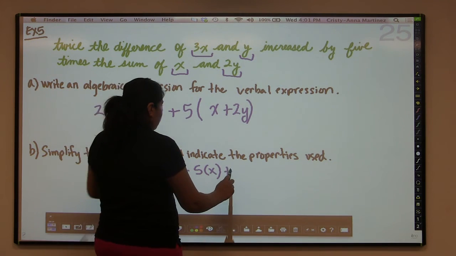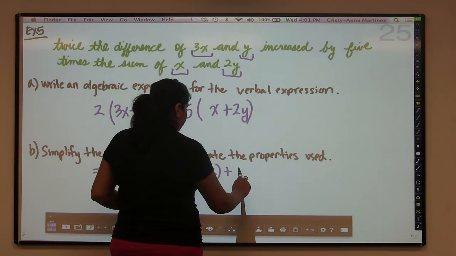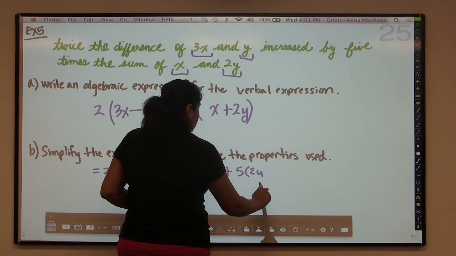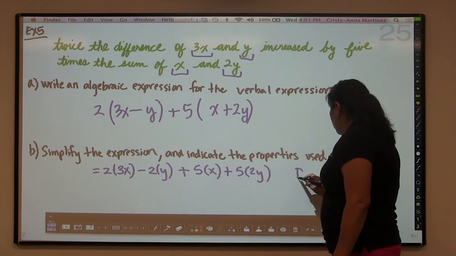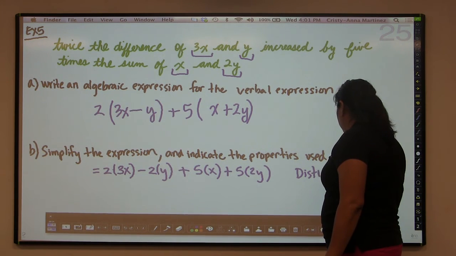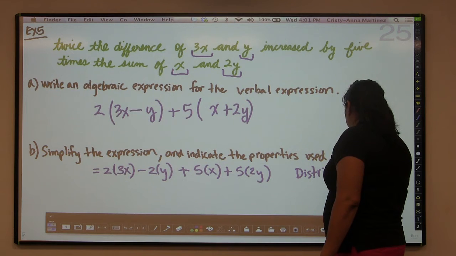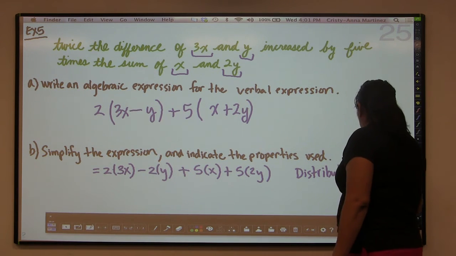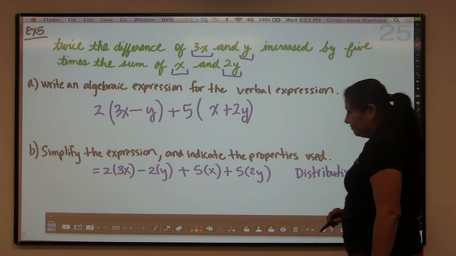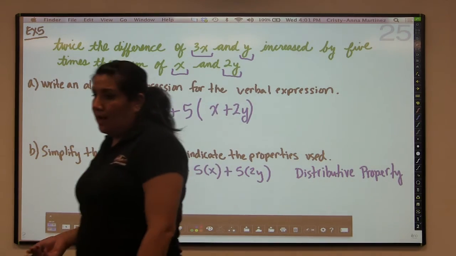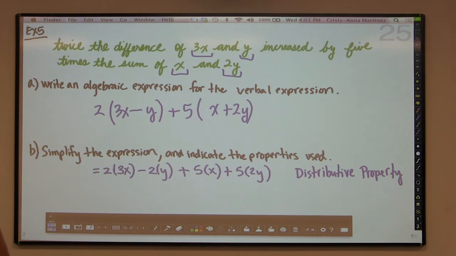And then we have another plus, and then it's going to be 5 times 2y. And over here off to the side, I'm going to write the property that I've used, which is distributive property. Okay?